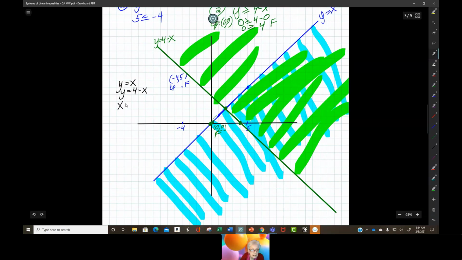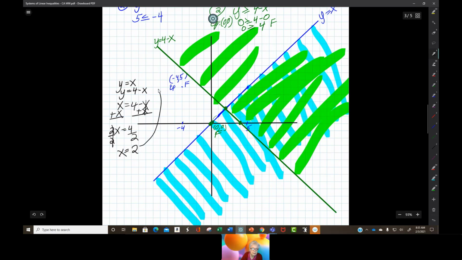So x equals 4 minus x. Add x to both sides. Two x equals 4. Divide by 2, divide by 2. X equals 2. That looks right.